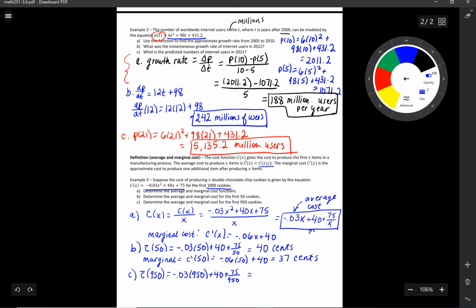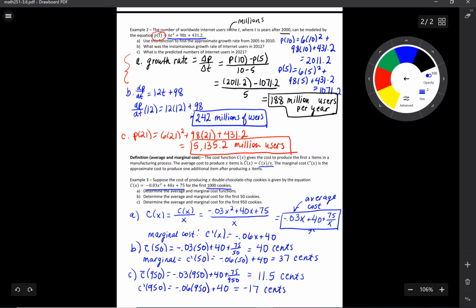This is equal to 11.5 cents. That means the average cost for the first 950 cookies is 11.5 cents per cookie. And then our marginal cost, c prime of 950, equals negative 0.06 times 950 plus 40, which is equal to negative 17 cents.